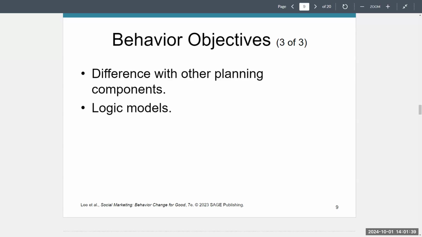They help illustrate how specific behaviors lead to broader social change. The logic model demonstrates the logic behind your campaign. Why are you doing this? It shows how behavioral change at an individual level contributes to achieving your campaign's overarching outcomes. So behavioral activities are essential components of the causal change.